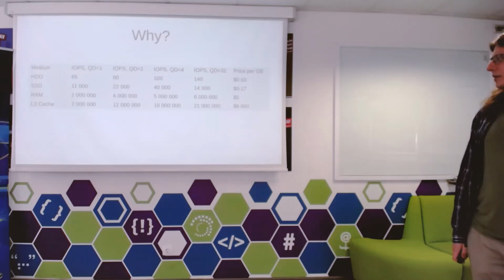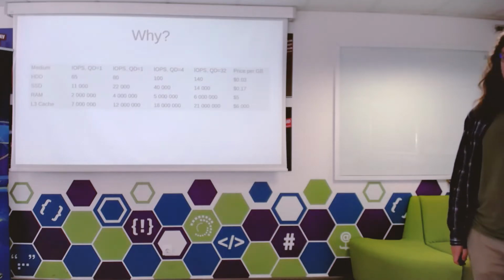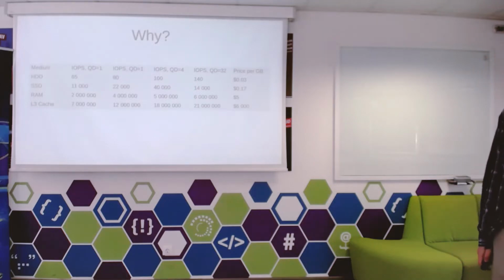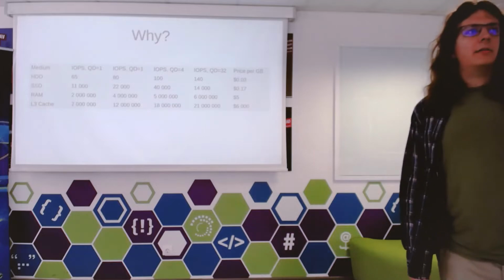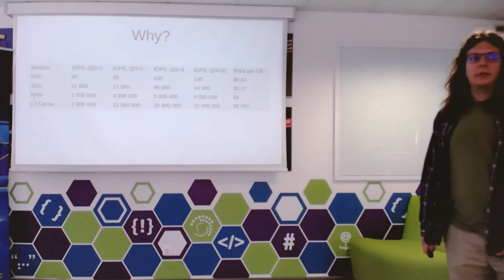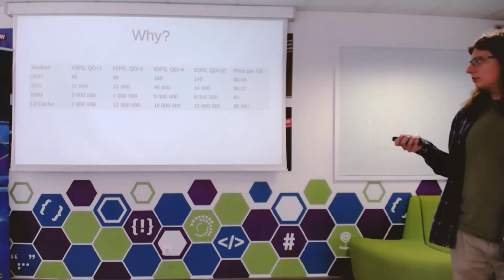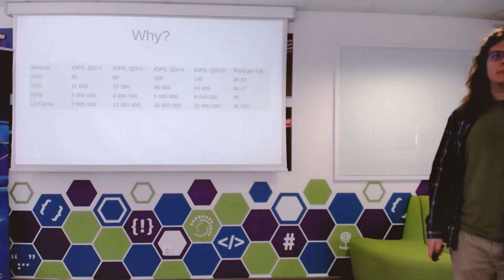Spinning rust disks are still quite a bit cheaper than flash, which is cheaper than RAM, and L3 cache is obviously very limited and very expensive. So this presentation will be about data structures that are optimized more for these two and less for these two.